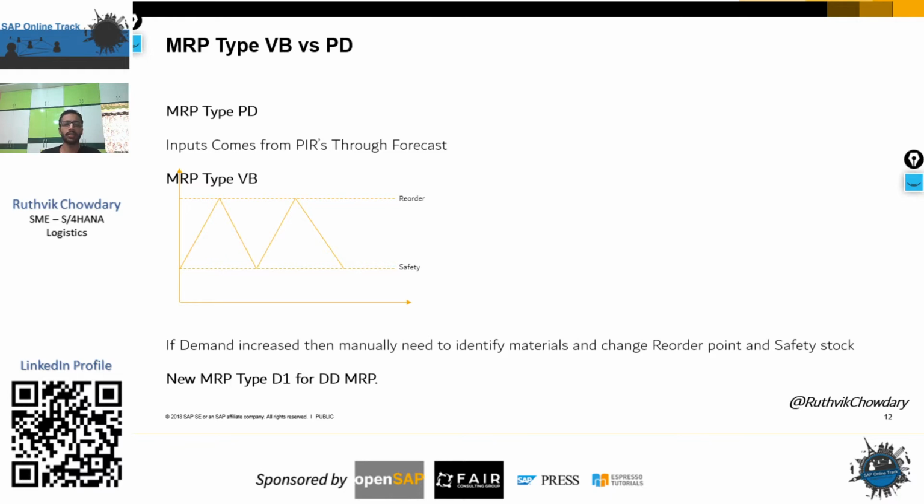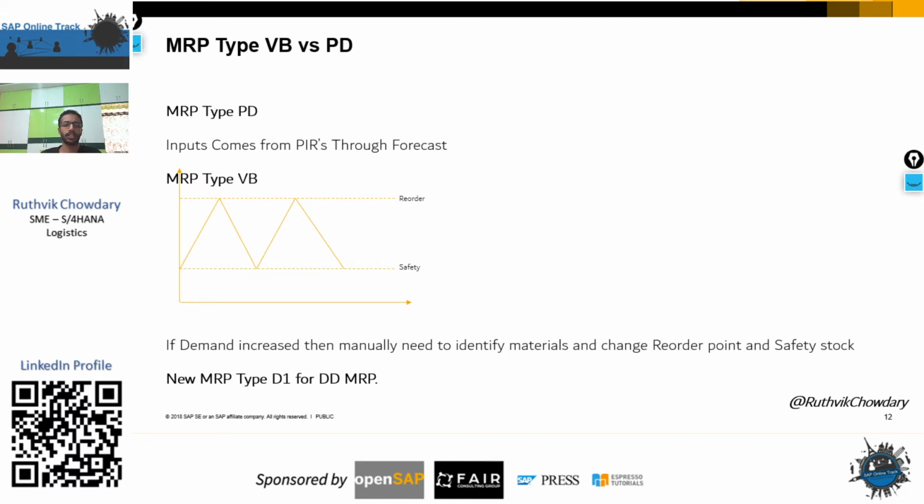Based on the materials, it will do the material classification. Once the materials are classified, we have to change the MRP type from whatever MRP type it previously had, from PD to VB.